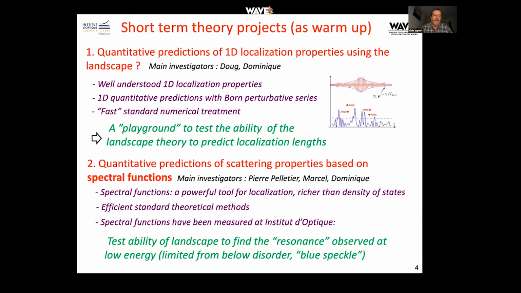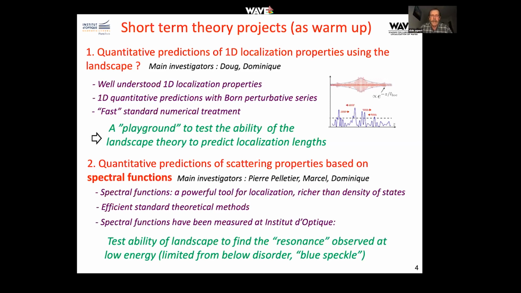And we have done a very nice experiment where we have measured in detail the shape of the spectral function. Dominique Delande is able to do nice standard calculations to understand the kind of result that we have found experimentally.